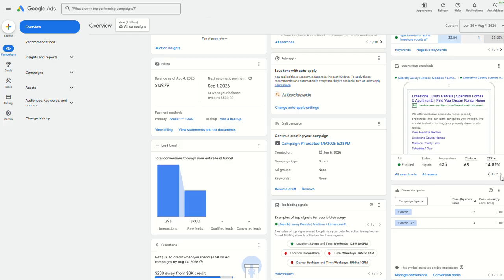If I go to the next one, which is Limestone County, the CTR is good. For example, we get a 14.82% click-through rate, but we are getting fewer conversions from there because I think Limestone is smaller in area than Madison. So Madison has more impressions and clicks, and a 6 to 7% CTR is acceptable for any good Google Ads campaign.